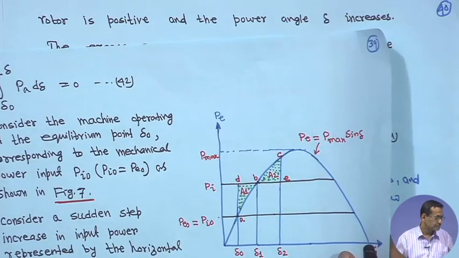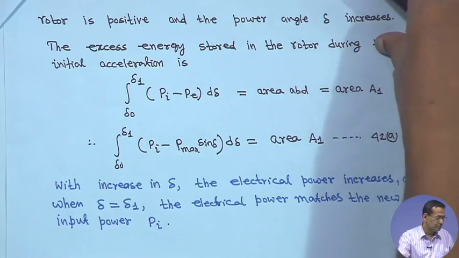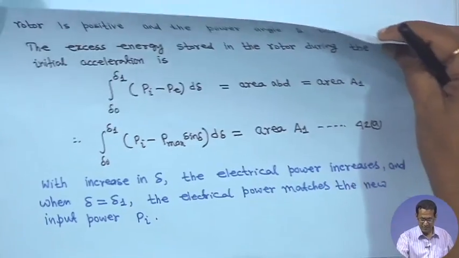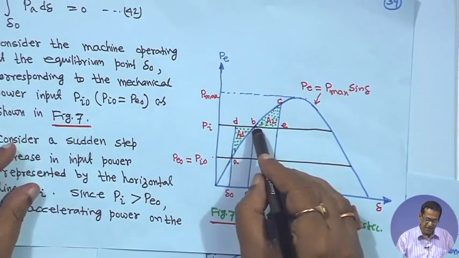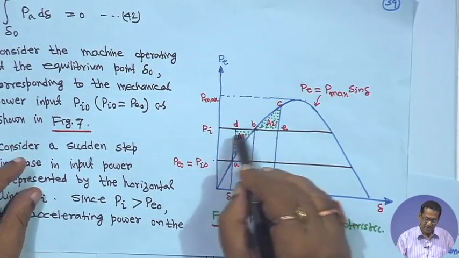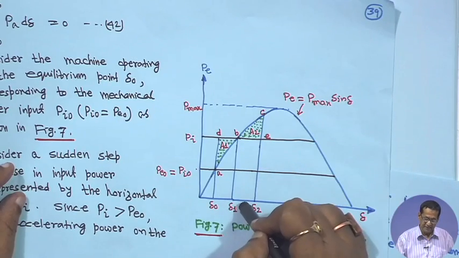So even though at this point the accelerating power is 0, P becomes Pmax sin δ1 when δ is equal to δ1.